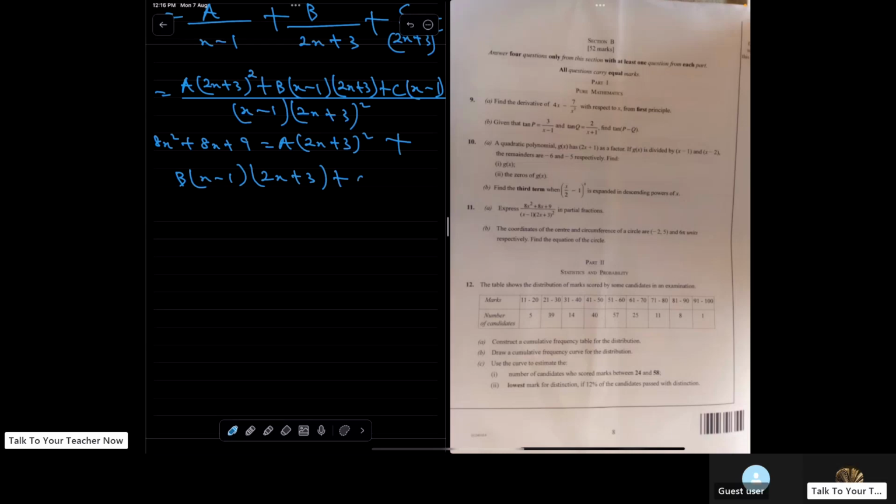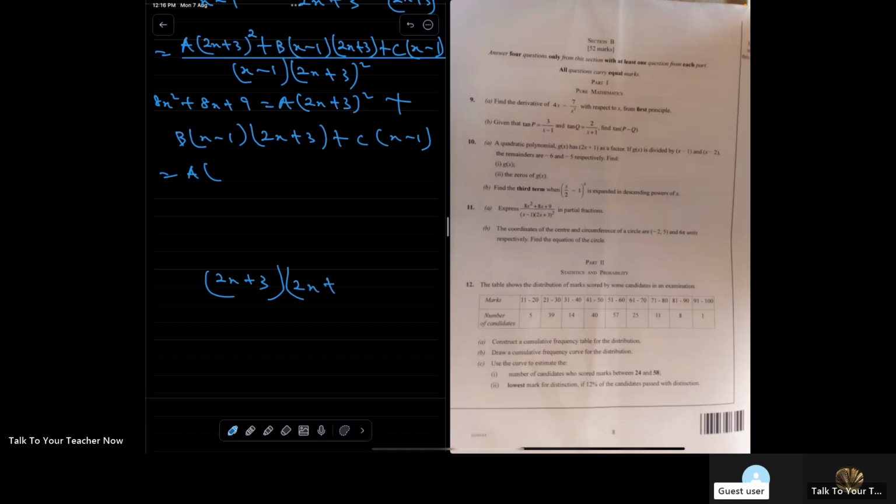That means 8x squared plus 8x plus 9 equals A into brackets the square of 2x plus 3, plus, I want to write on the next line, B into x minus 1 into 2x plus 3, plus C times x minus 1.